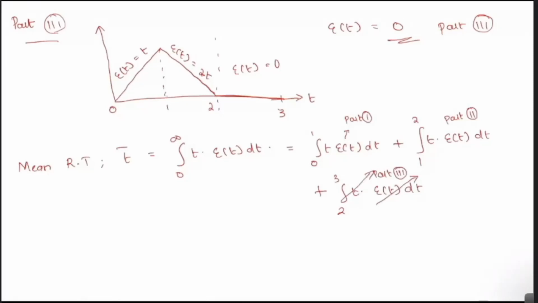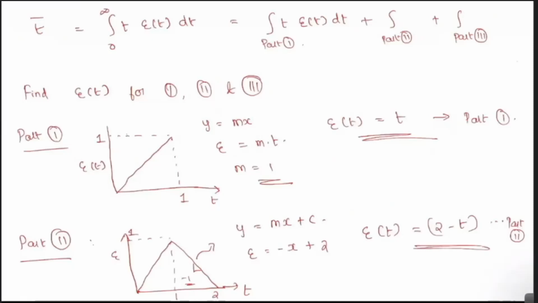So now what we can do is substitute the E of t's from part 1 and part 2 into this equation. So mean residence time t bar will become integral 0 to 1 t into E of t for part 1 is t, and E of t for part 2 is 2 minus t.